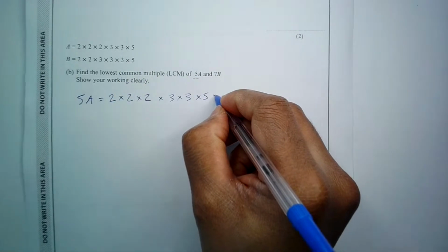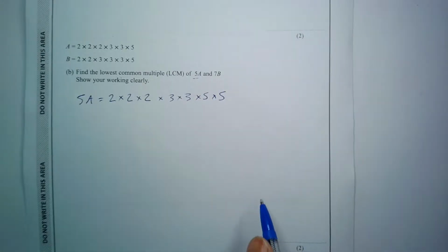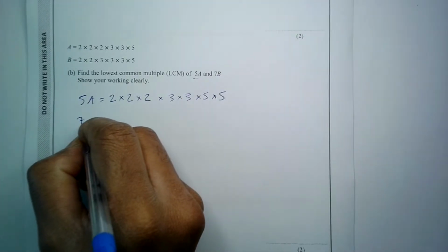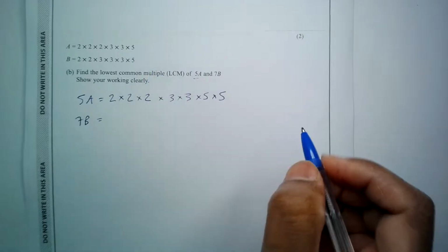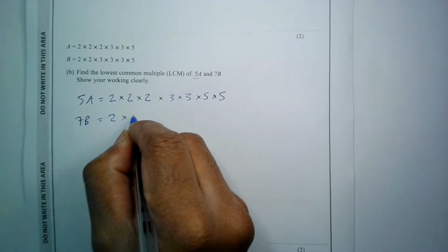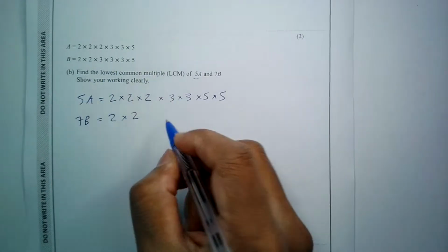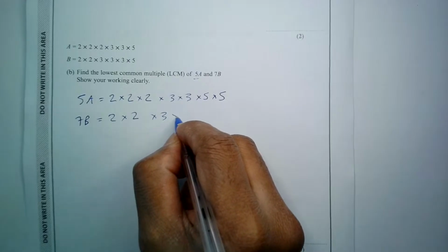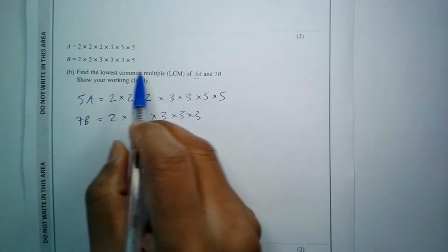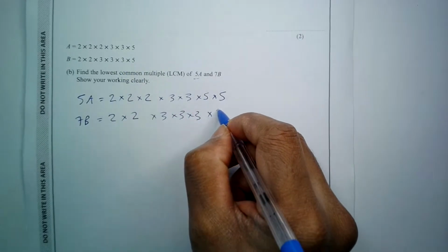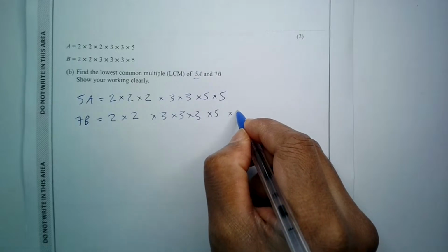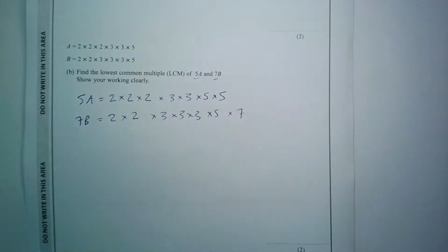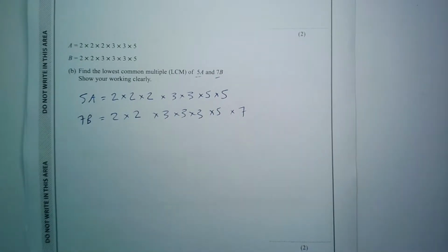So I've got two 5s here. And then 7B. So 7B is going to be all of that: 2 times 2 times 3 times 3 times 3 times 5, then times by 7. So I've got another 7 there. Okay, so I've got that now.